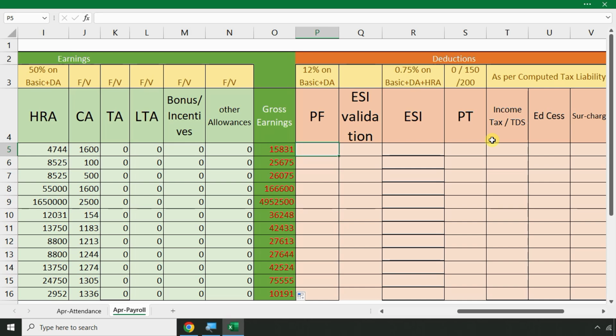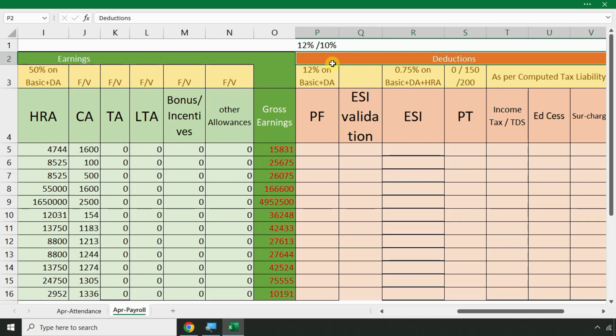It is mandatory if you employ more than 20 employees, and optional otherwise, but you can go on a voluntary basis. If it is mandatory to you, the percentage will be 12. If it is optional, the percentage can be 10 also.